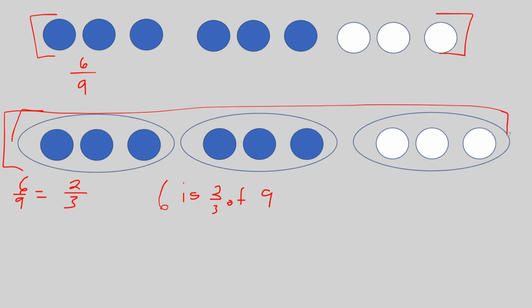All of them. And I can write it as a part-whole relationship that says as a ratio 6, okay, 6 being the part here, and 9 being the whole, right? That's the whole.